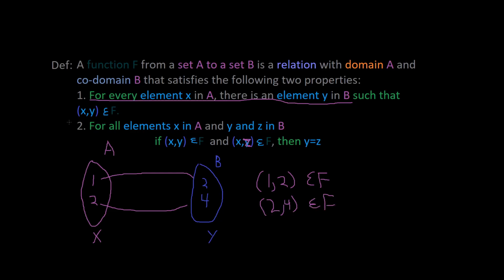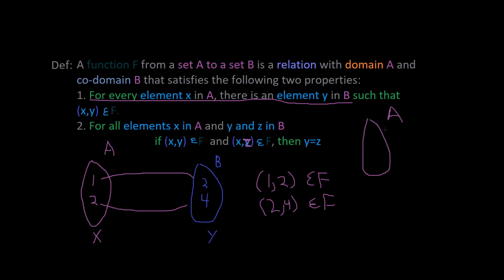And so what's our last property saying? Property 2 says, for all elements x in A, so we already have this set with given elements in it, and y and z in B, if x comma y is an element of f, so if the ordered pairs are elements of f, and x comma z is an element of f, then y equals z. And so let's put another set over here.